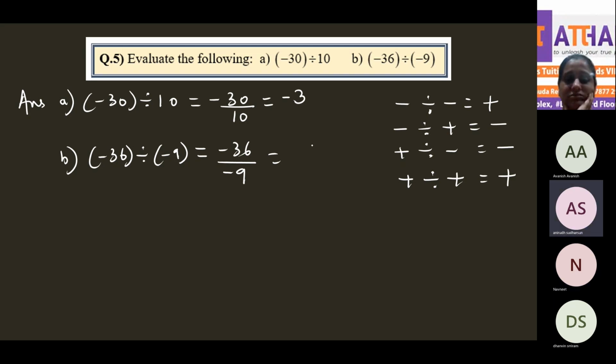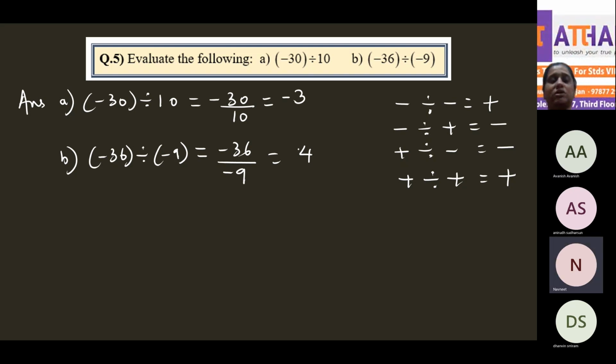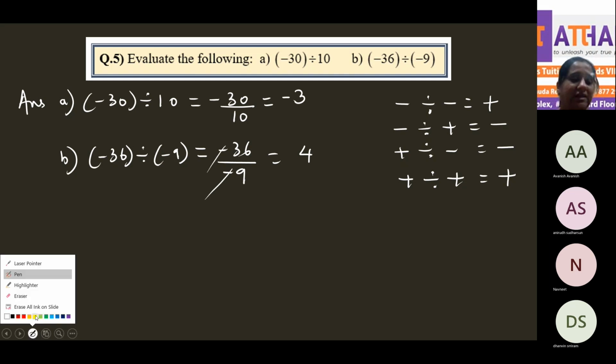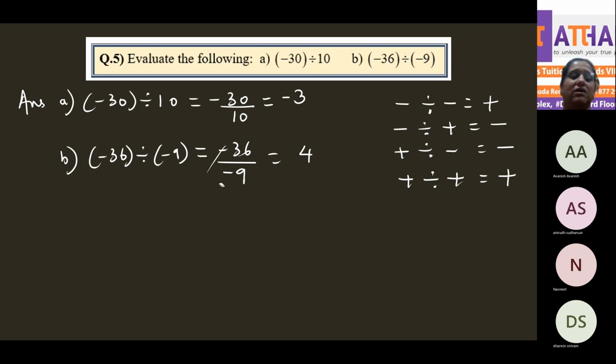Ma'am, plus 4. 36 by 9 is 4 and minus divided by minus is plus, so plus 4. You can also cancel the minus and minus signs like this, or the rule is minus divided by minus is plus. So it's plus 4. Write down.